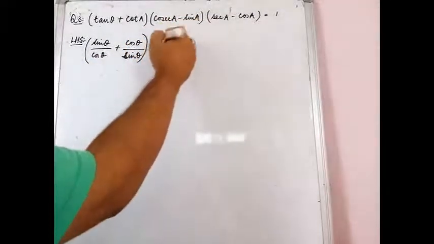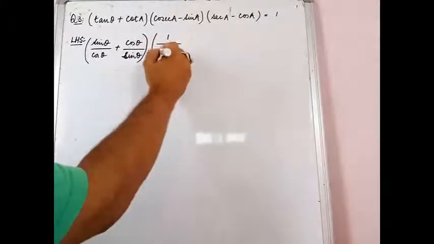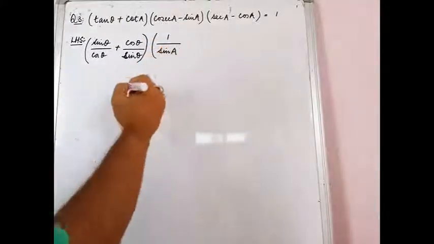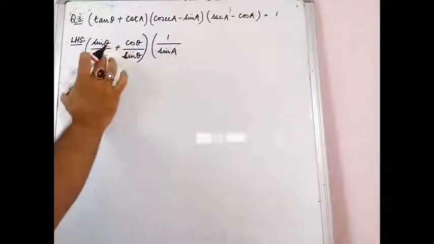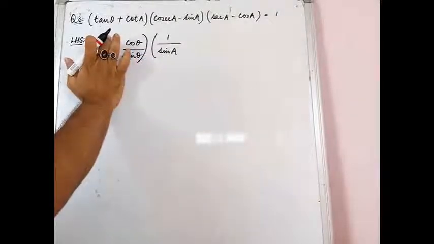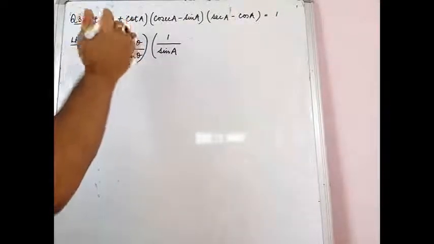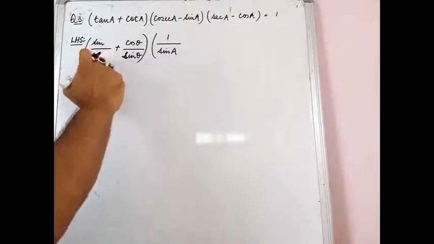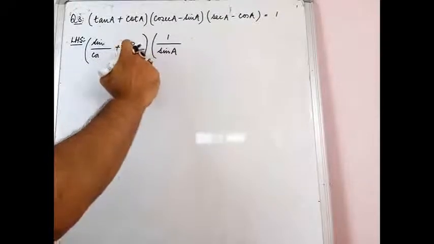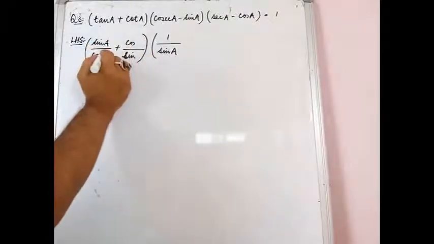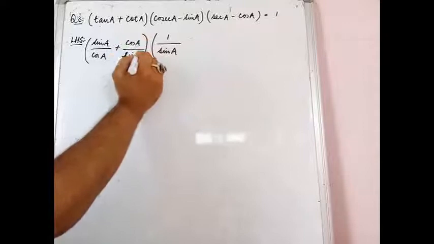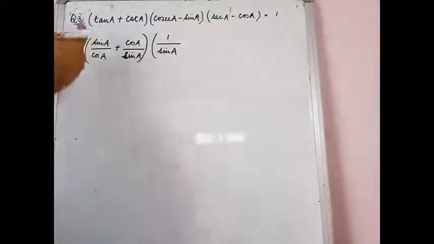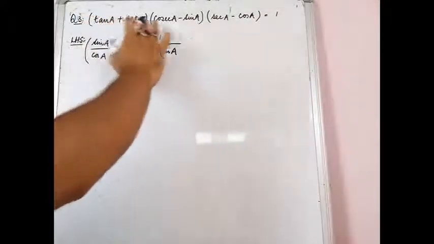Similarly, in the second bracket, cosec, as you know, is reciprocal of sine. Okay, so what I'll do is I'll simply write this as A. All the angles have to be written the same, so I'll simply write A everywhere. Okay, you can also use theta, but in that case all the angles will be theta.